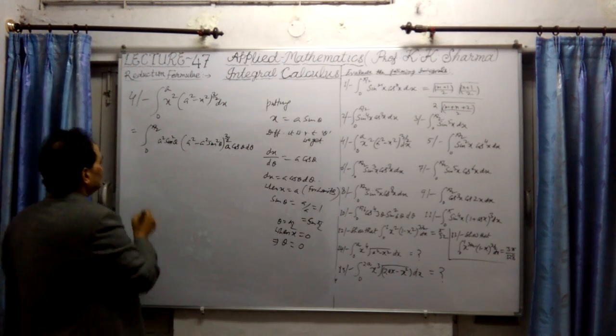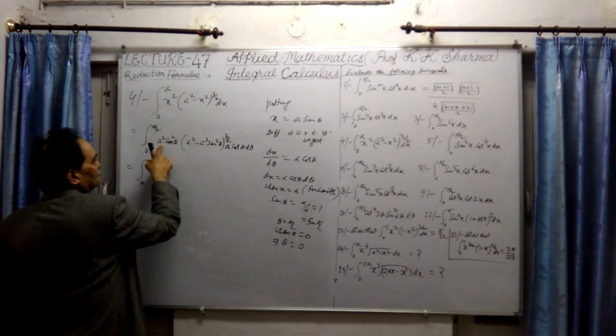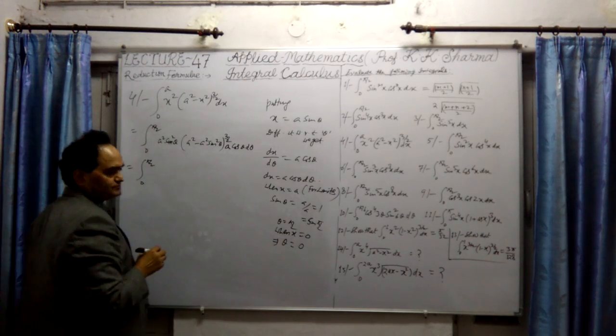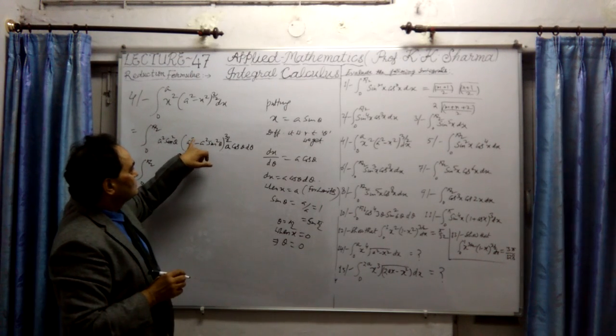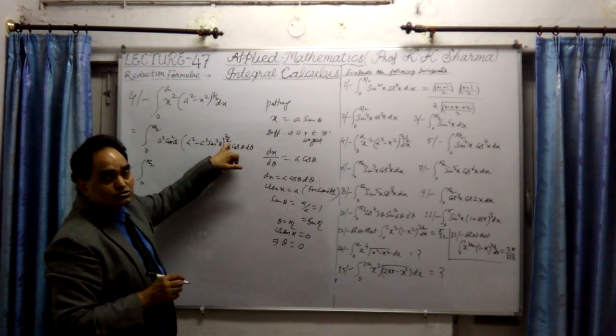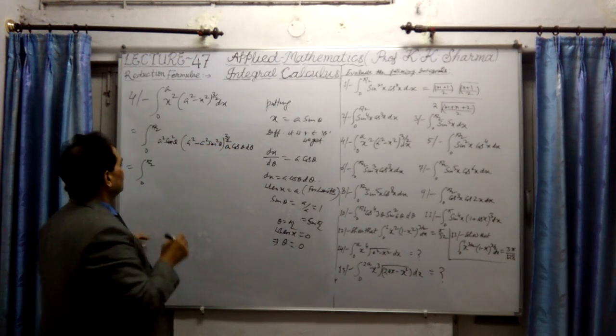Now what do we get here? This is 0 to pi by 2, a square, and from within the bracket, if I take a square common, the power 3 upon 2 will come out as a cube.